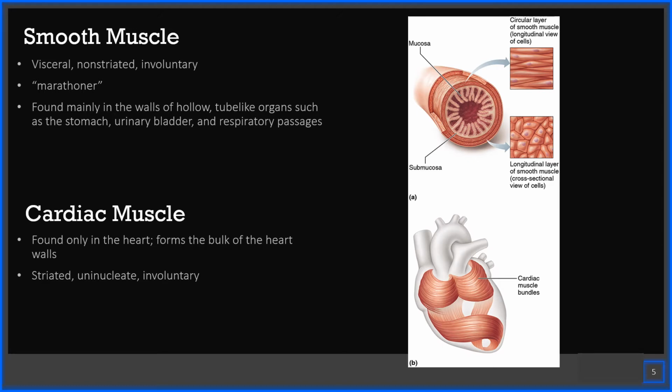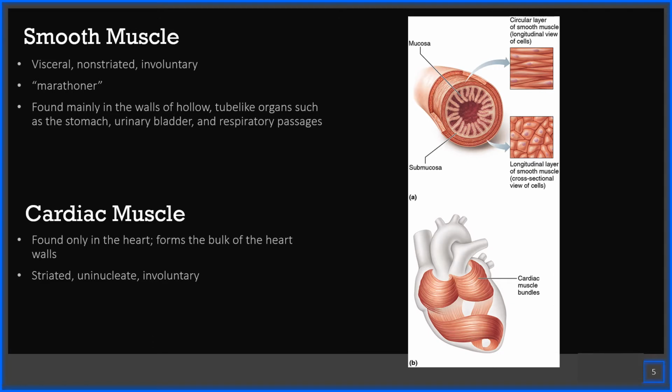Here's just a brief overview of smooth muscle and cardiac muscle. Again, this will not be our focus here in this lecture about the muscular system, but smooth muscle is your visceral muscle. It's non-striated and involuntary. So we consider this the marathoner when you're comparing it to skeletal muscle, which, like I said, can do profound work but needs to rest.